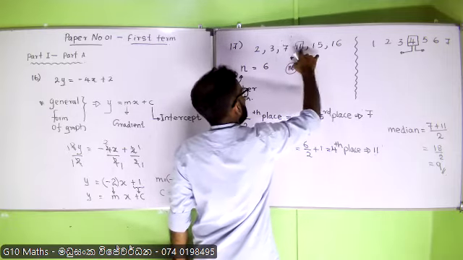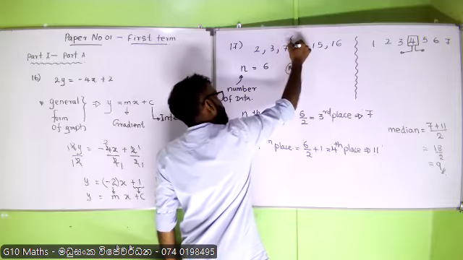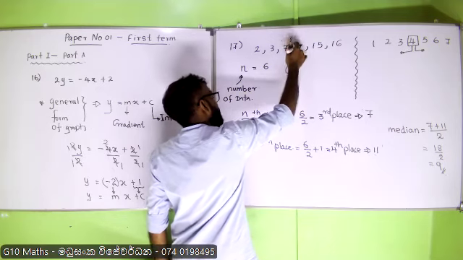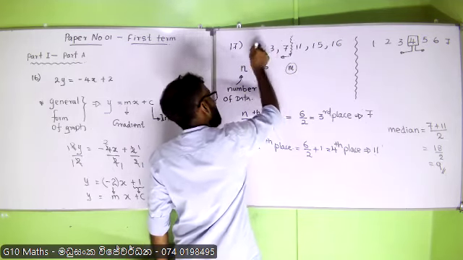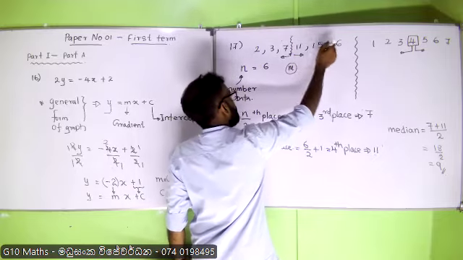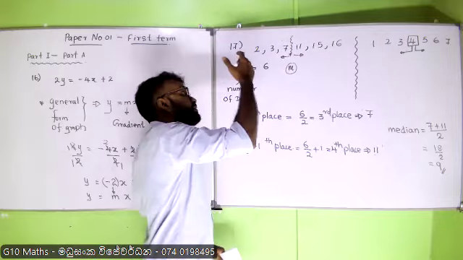If you select 11, this side 2 and this side 3. So this is not the median. You need to find the data with 3 data on each side, if this is the middle. But we do not know what is at the middle.